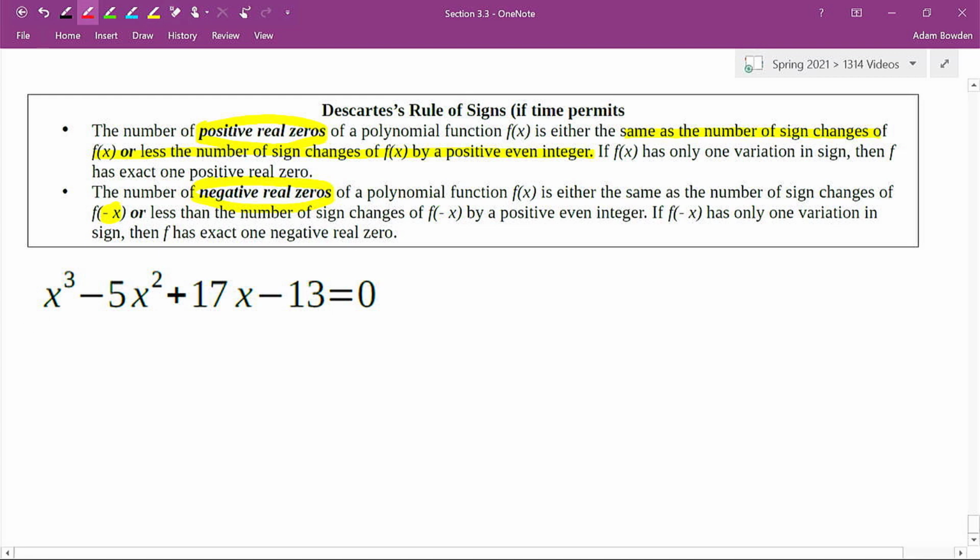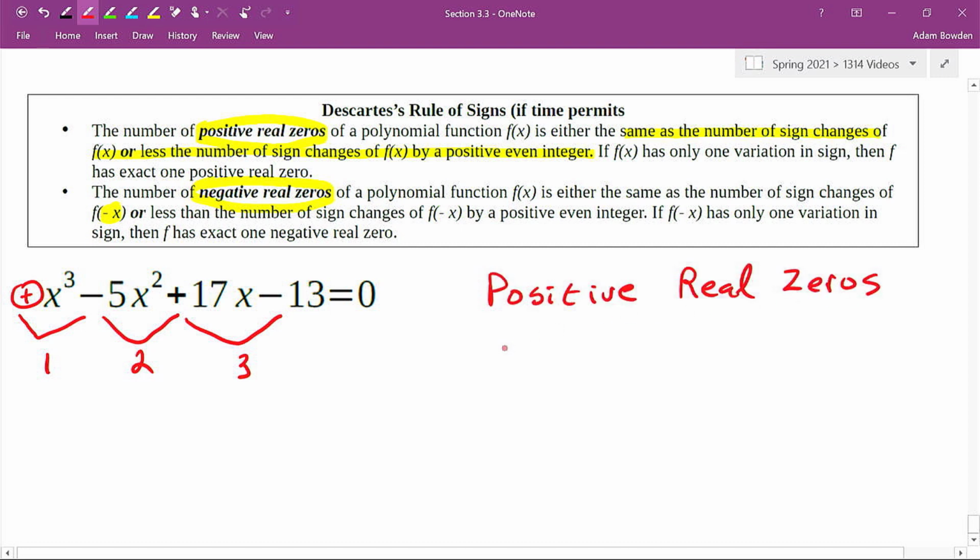For this one here, if we wanted to think about Descartes' rule of signs, we look at the number of sign changes we see here, from plus to minus or minus to plus. There's 1, 2, 3 sign changes. So the number of positive real zeros by Descartes' rule of signs could be one of two cases. One, it could be a total of 3, since there's 3 sign changes.